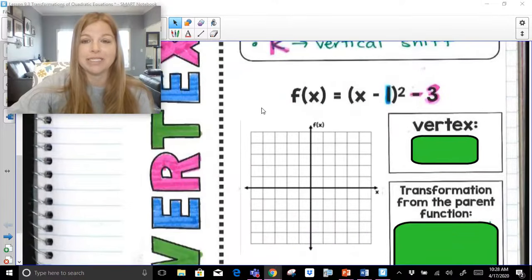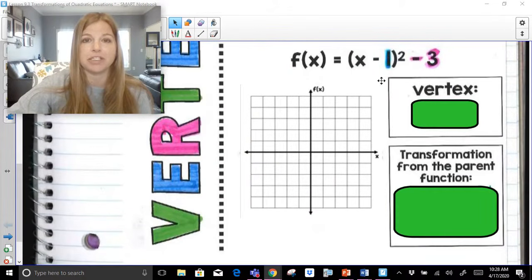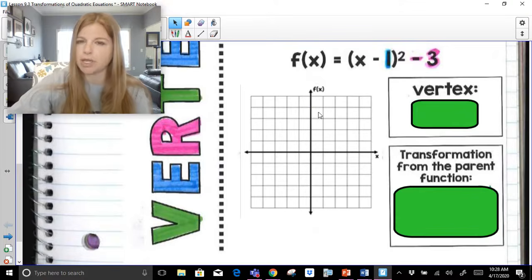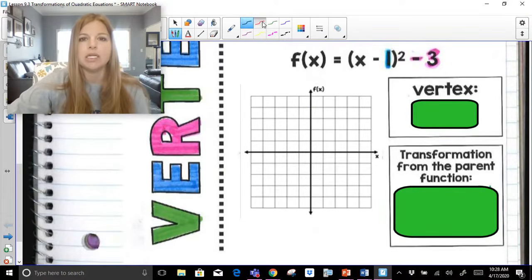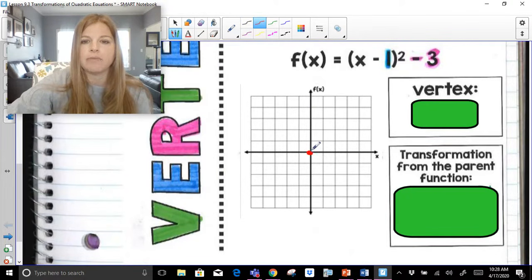All right, so we're going to take a look at graphing this function that's in vertex form, and we're going to base it directly off of what the parent function would have been on this graph. So I'm going to go ahead and graph the parent function first so that we can remember what that would look like. So my vertex is at 0, 0, then 1, 1, 2, 4, -1, 1, -2, 4.